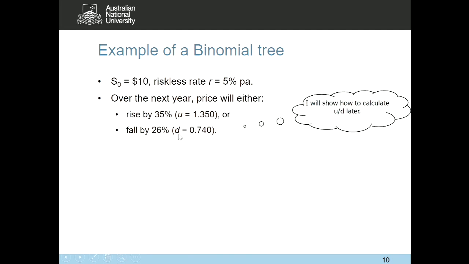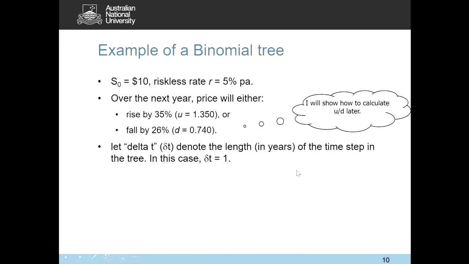You see the way I express the little u is simply 1 plus 0.35, and the little d is simply 1 minus 0.26. So that's the proportional increase and proportional decrease. And I mentioned delta t is the length of one period, which is 1 year.